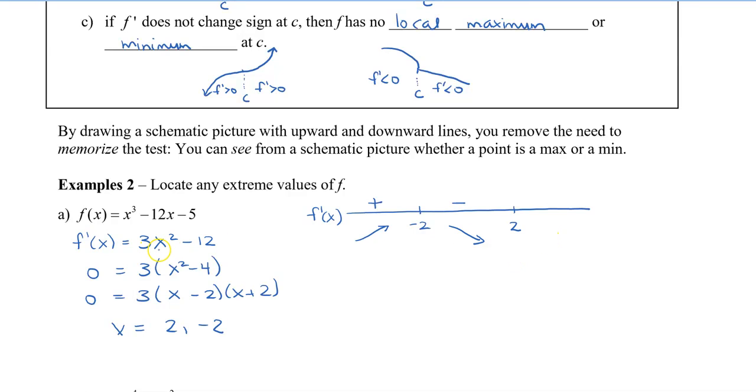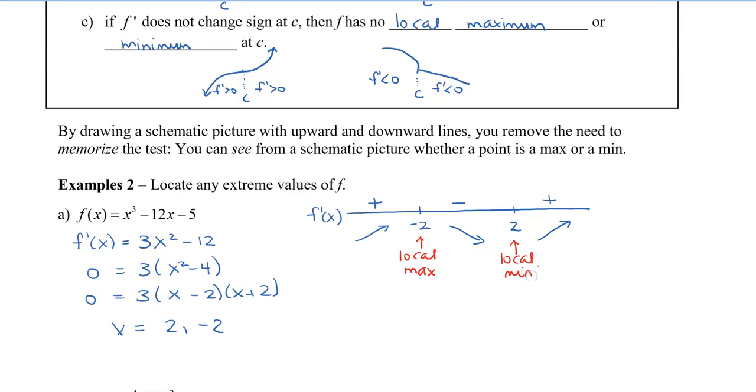Plug in 3 into here, again, we get a positive value, so I'm going to draw a positive and an upward arrow. Just looking at the arrows, I can see that this goes up, this comes down, and this goes up again. So that means here we have a local max, and here we have a local min.